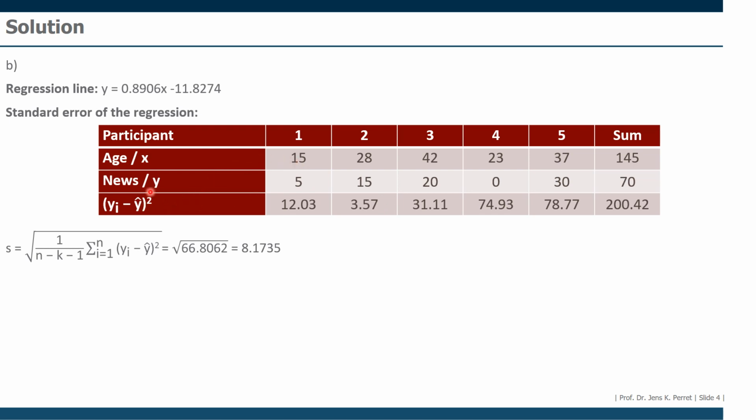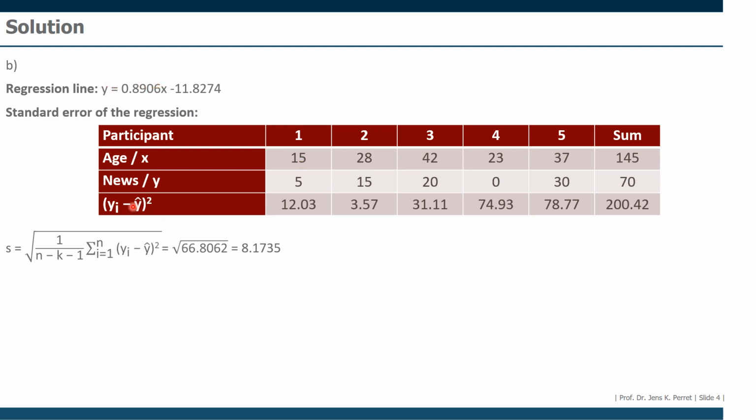row. In this row I'm going to subtract from the Y values the Y hat values. Well, what is Y hat? Y hat is the value I get if I insert the X value into the regression line and then calculate a prognosis for Y. So I'm inserting 15, calculate Y hat for the 15.